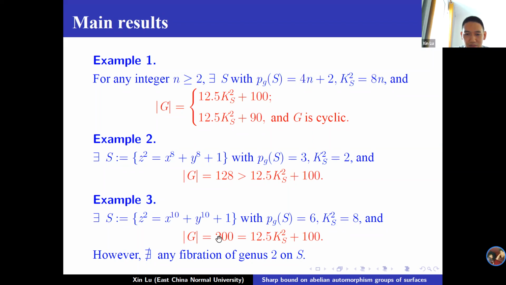And this number is equal to 20.5 times K square plus 100.